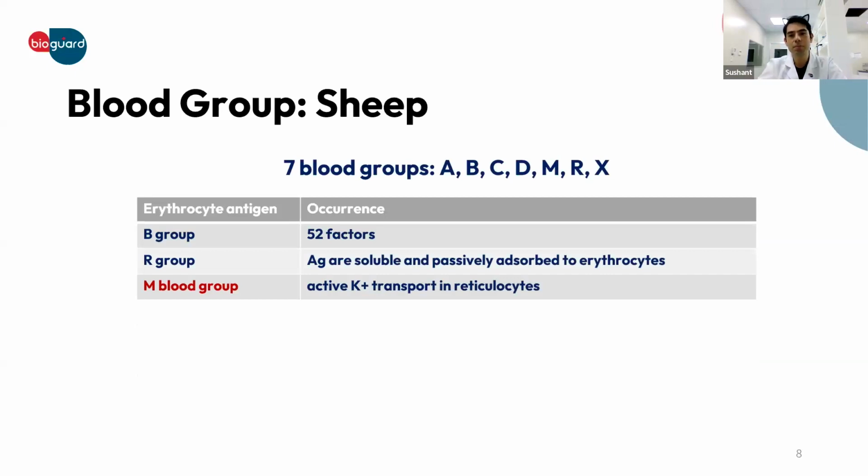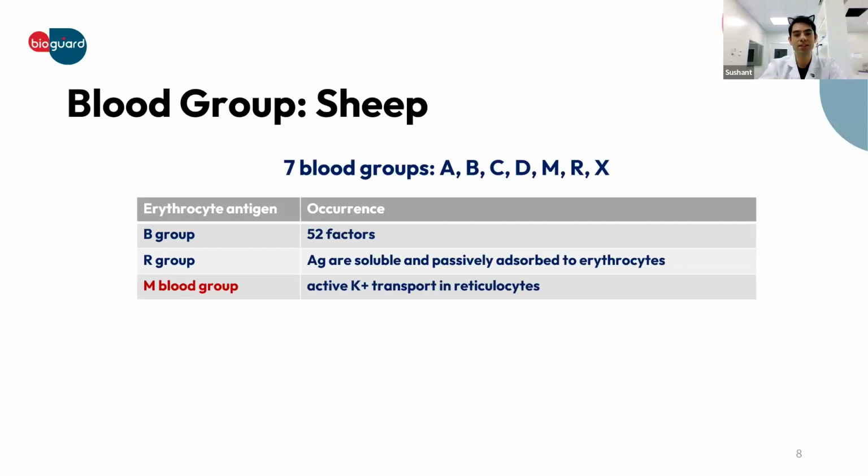Then other livestock animals such as sheep and goats. In sheep, there are 7 blood groups, which are A, B, C, D, M, R, and X. And out of these, the B blood group is the most complex one, with 52 antigens identified there.